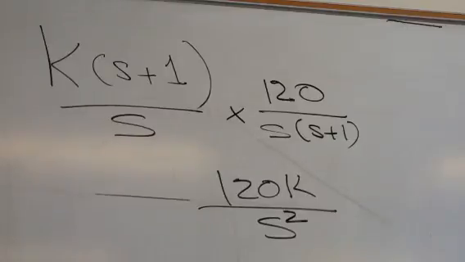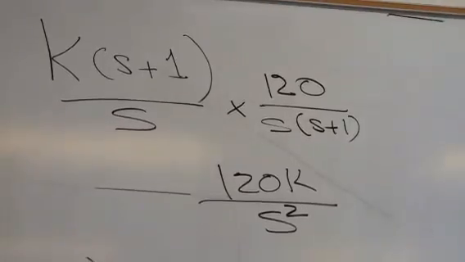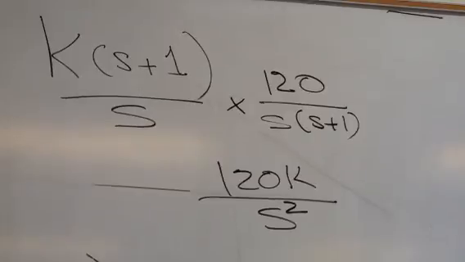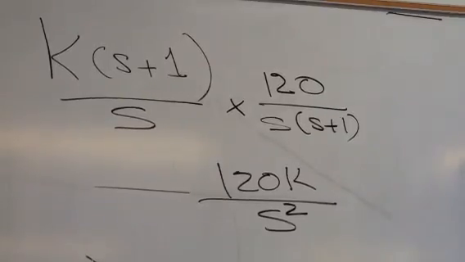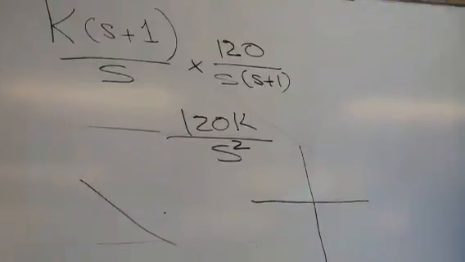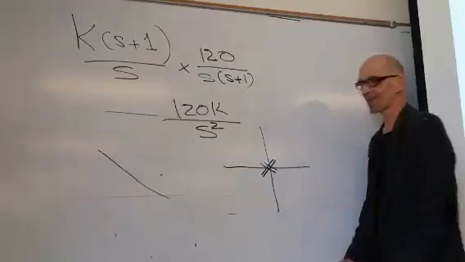What's the root locus for the closed loop? Start with plotting your x's and zeros. Where are your x's? Where are your zeros?